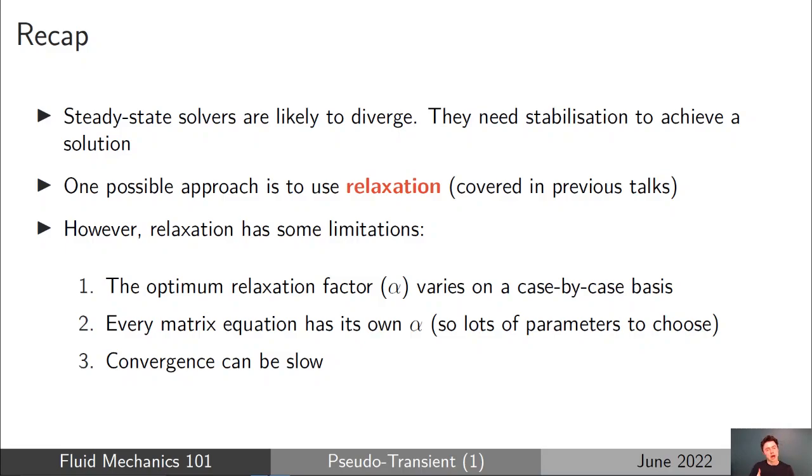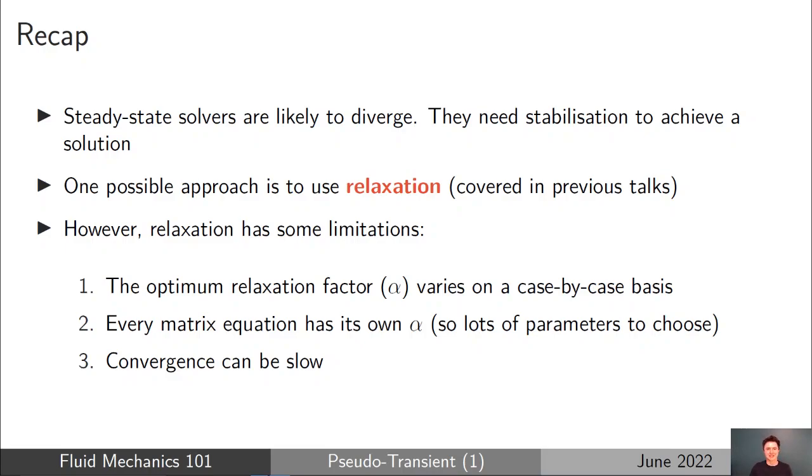And furthermore, every matrix equation that we solve in the steady-state solution process, so this will be the equations for u, v, and w, the 3 components of the momentum equation, k and epsilon, for example, if you're using the k-epsilon turbulence model, and an equation for pressure or a pressure correction, all of those equations have their own relaxation factor, and so we have a lot of different parameters that could be optimized, which makes it quite intensive and often means that the convergence that we achieve with the relaxation method is often not optimal, and convergence can be a bit slow.